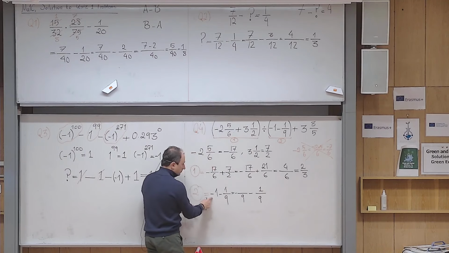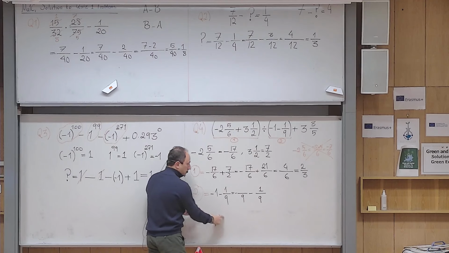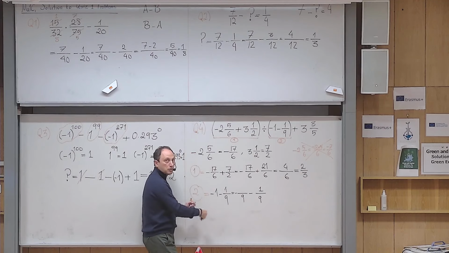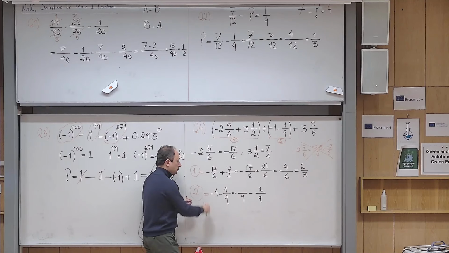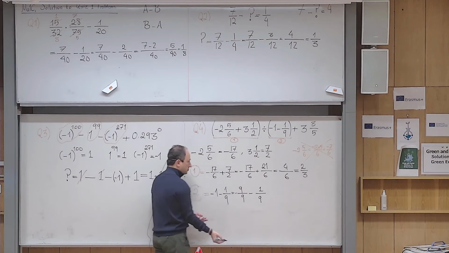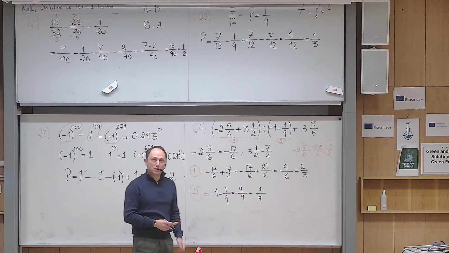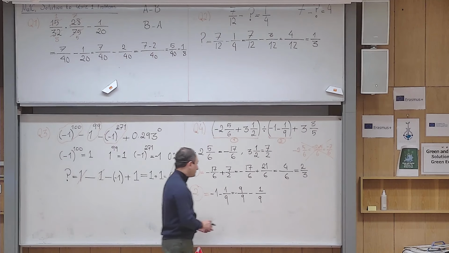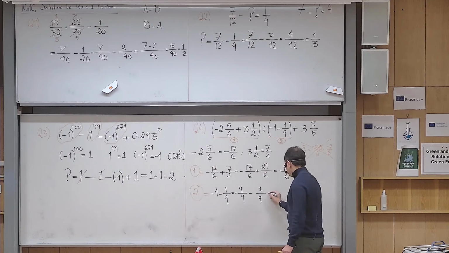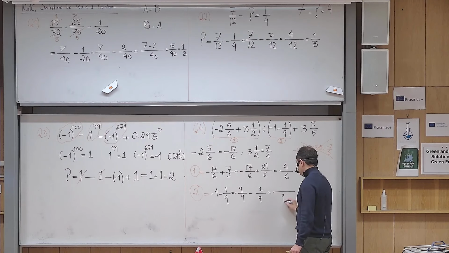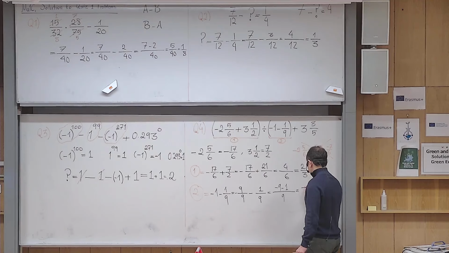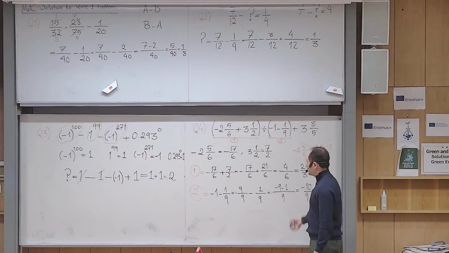But here, the invisible denominator was 1, now it has changed to 9 by being multiplied by 9, so I multiply the numerator by 9 as well. These are simple things, you can do them quickly. Then the denominator is 9. I have minus 9 minus 1, which is minus 10 over 9. So this is the answer to the second part.